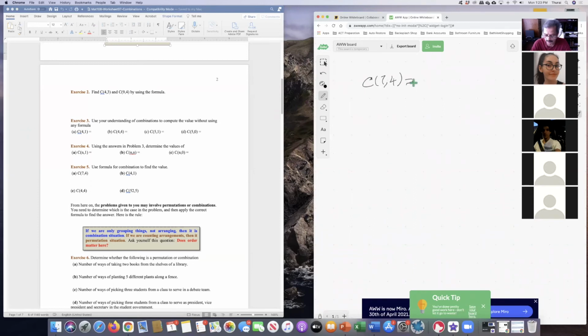It's 7 factorial over 3 factorial and 4 factorial, right? So to simplify, you would combine these two, the larger one in the denominator, that becomes 7 times 6 times 5, and then expand the factorial 3 times 2. You don't have to write the 1. 3 times 2 is 6, that cancels with that. So 7 times 5, 35.